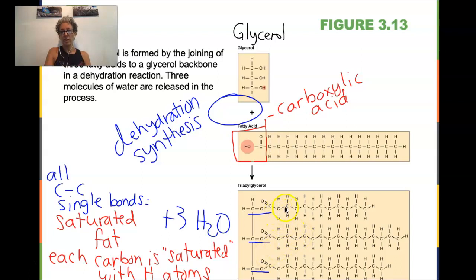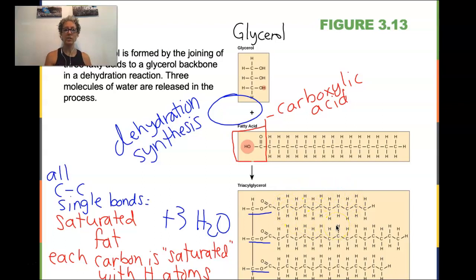So we see here that each carbon is single bound to its neighbor, and each carbon is saturated with hydrogens, and saturated fats tend to be more linear. We've got a little jog in it here, but structurally it is fairly linear because of the single bonds and the saturation of the hydrogens.